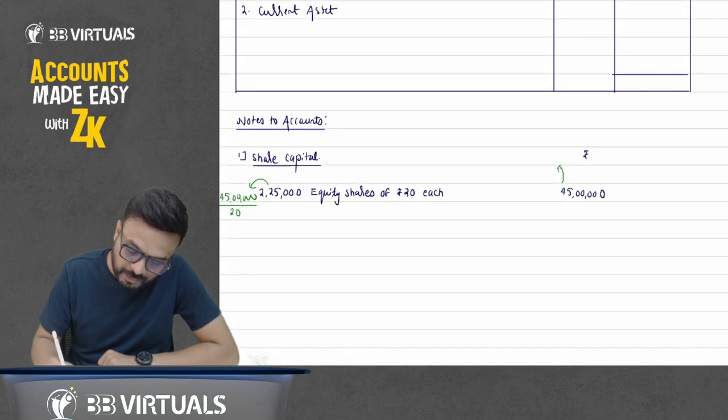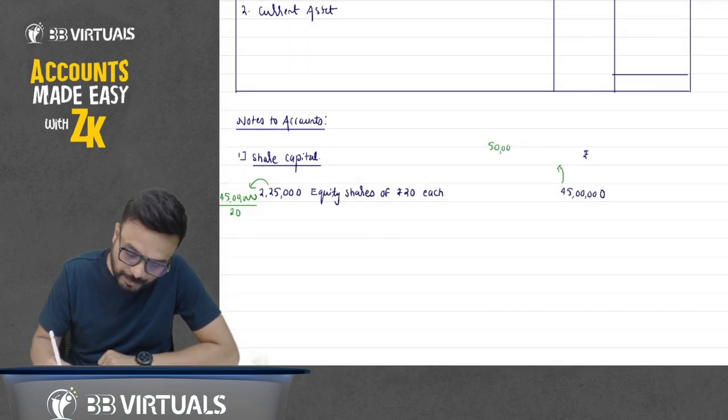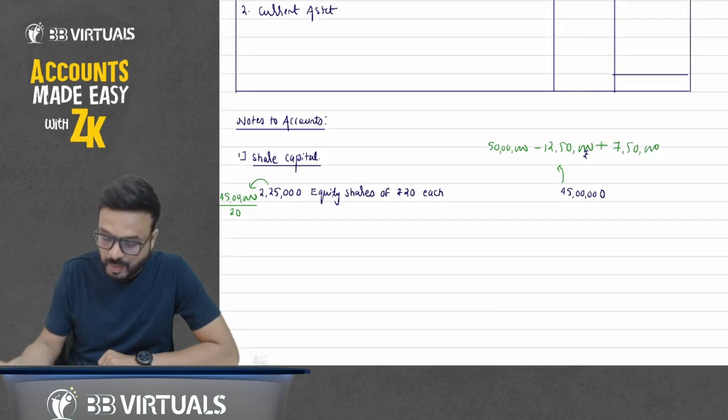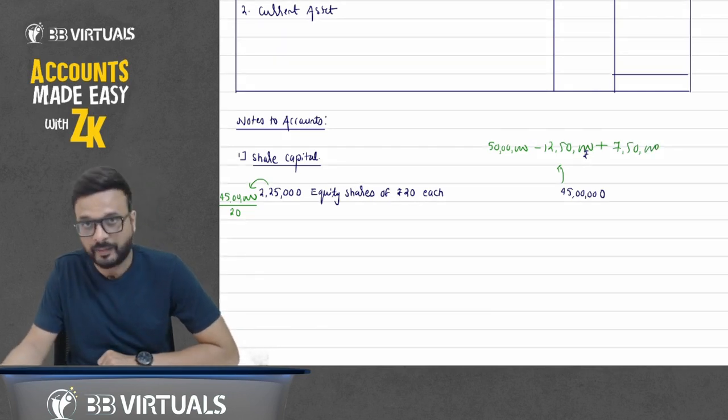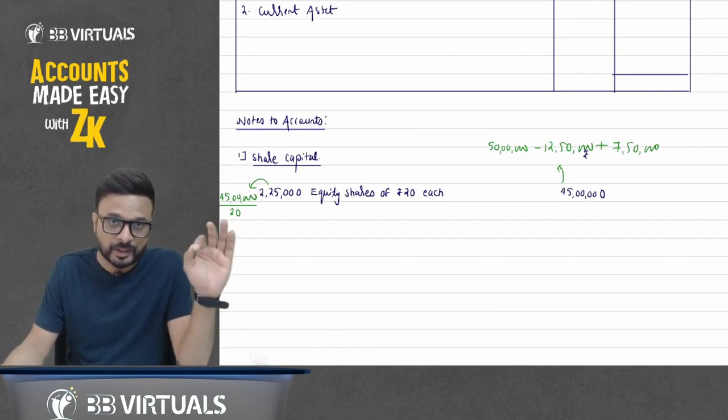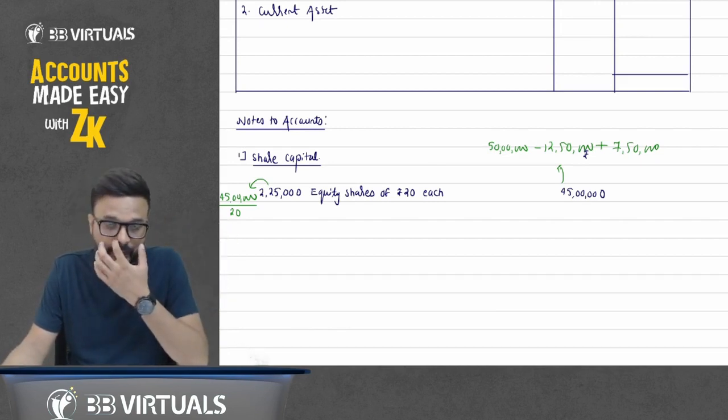In balance sheet, 50 lakhs share capital is given. We have done buyback of 12 lakh 50,000 and then we have issued bonus shares of 7 lakh 50,000. So how much is the amount? 45 lakhs.